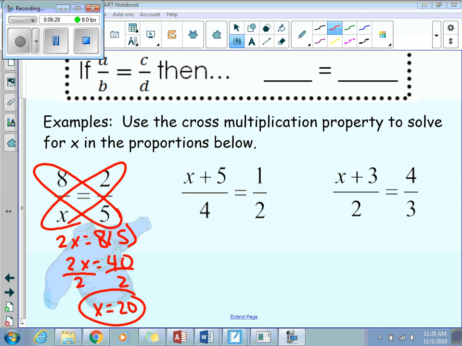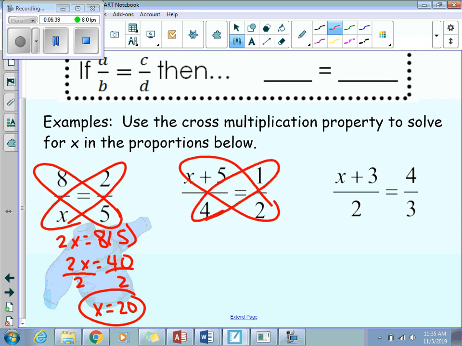All right, for these next ones, we've got a few more steps that'll be involved, but it's going to be the same process. But make sure you write out your steps. Don't try to skip any steps, because that's how you're going to mess yourself up. So we've got 2 times x plus 5 equals 4 times 1.